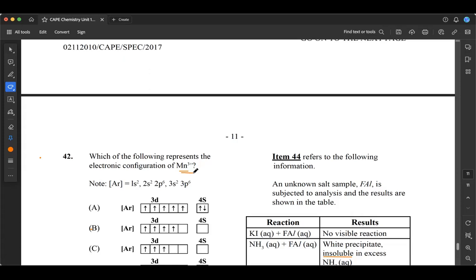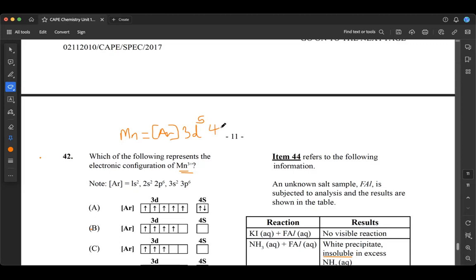So the Mn, before we take off anything, is going to be Ar 3d5 4s2.